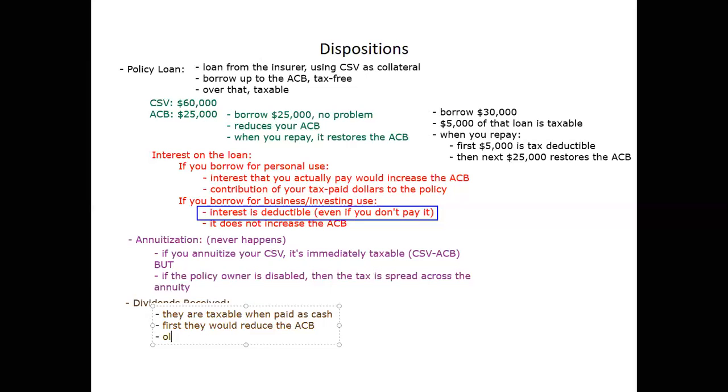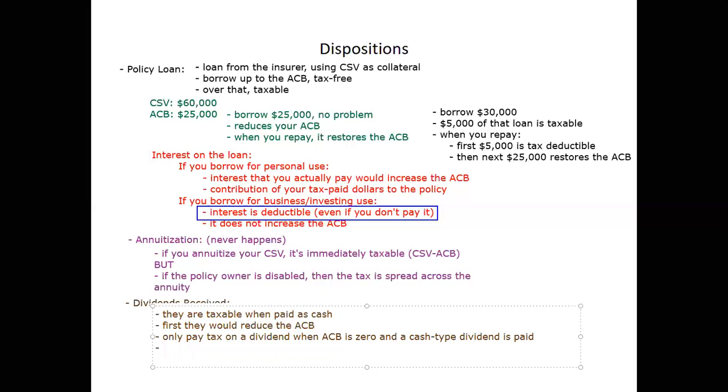So you only actually pay tax on a dividend when the ACB is 0 and a cash dividend is received. What's of course way more common today.